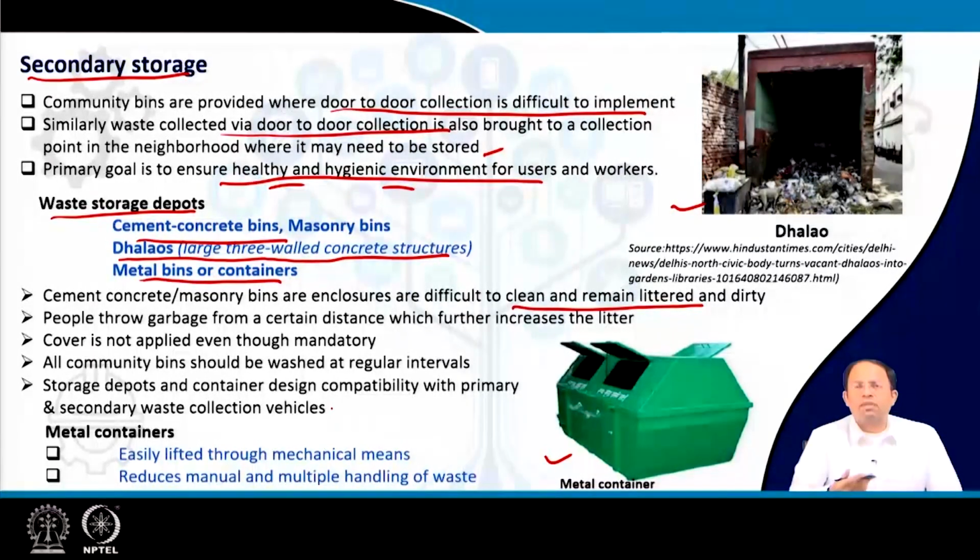When they do that, the garbage may fall in the enclosure or in the surrounding area, which causes additional litter. And the next person who comes doesn't even go up to that distance, he throws it from even farther away. So that keeps on increasing the area that gets littered, right? And it creates a very unhygienic, unhealthy and even aesthetically displeasing environment.